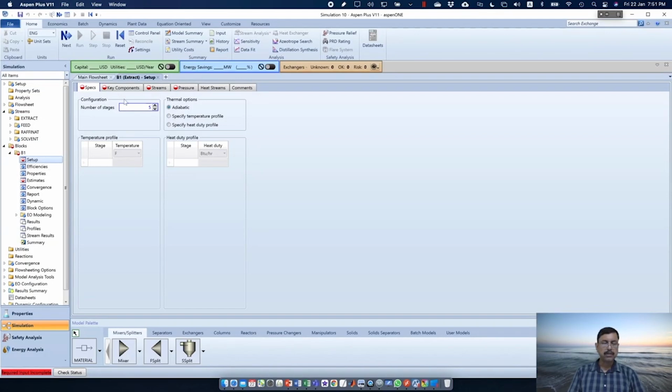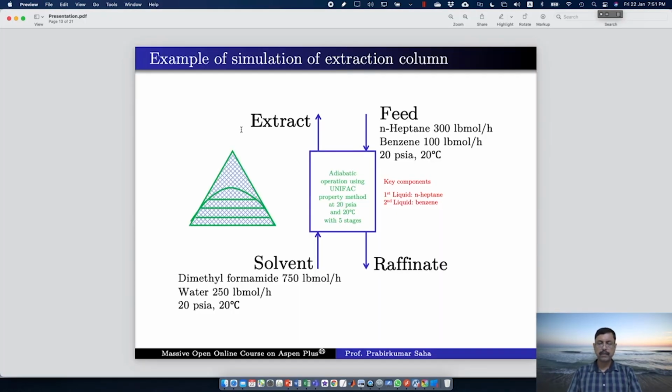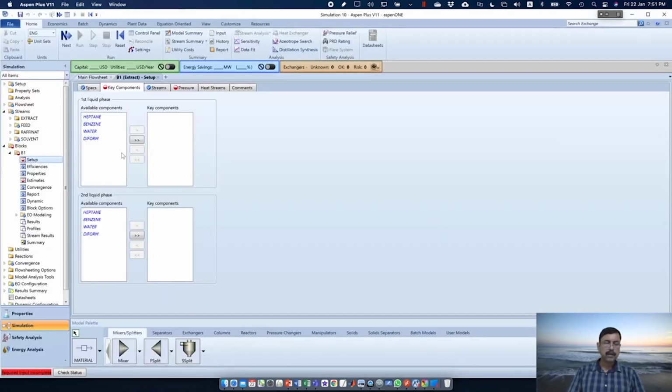So the number of stages is 5, and the thermal option is adiabatic. We can specify a temperature profile and heat duty profile as well, but we are not going through that complication. Let us choose the adiabatic thermal option. Key component for the first liquid is N-heptane, the second liquid is benzene.